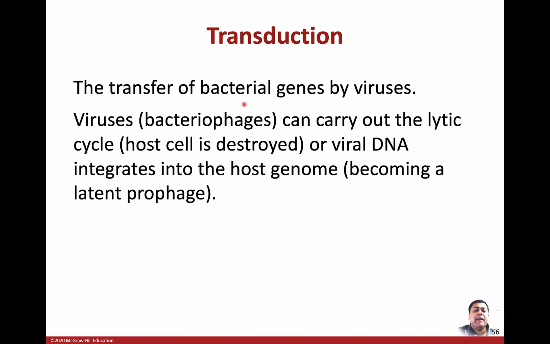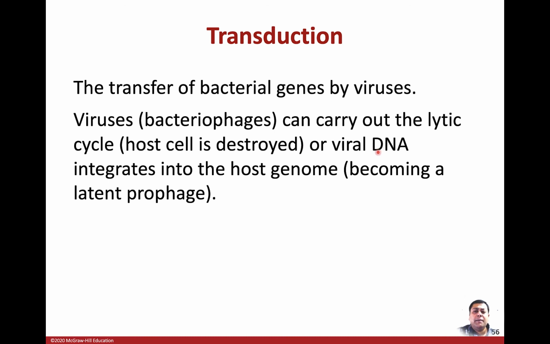The virulent phages go into the cell. They will make lots of copies of the phages or the virus, and the cell will burst, and all these cells will undergo lysis. This is called a lytic cycle. So the virulent bacteriophages will cause the lytic cycle. The host cell is destroyed and the new viruses will come out. So this is one way these bacteriophages reproduce.